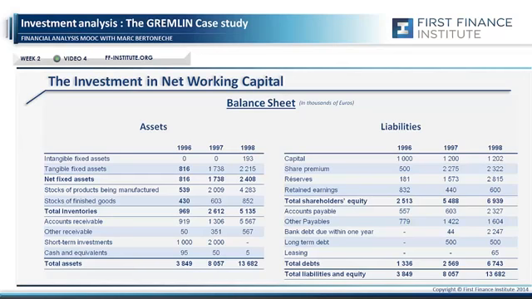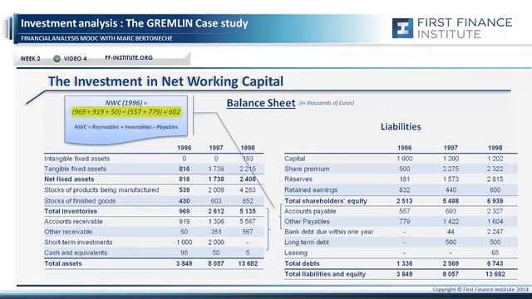Therefore, the net working capital is equal to 969 plus 919 plus 50, the receivables, minus 557 and minus 779, accounts payable and accruals, which gives a total of 602,000 euros.